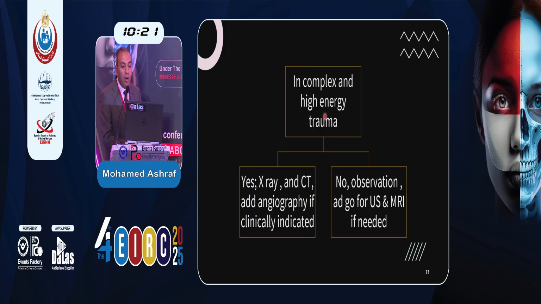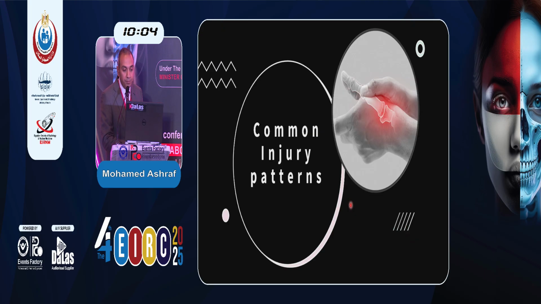In complex and high energy trauma, you can go for X-ray and CT scan, and also angiography if you suspect vascular injury. If there are no obvious fractures and you suspect soft tissue trauma, go for ultrasound and MRI.